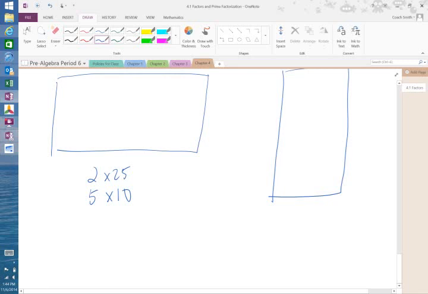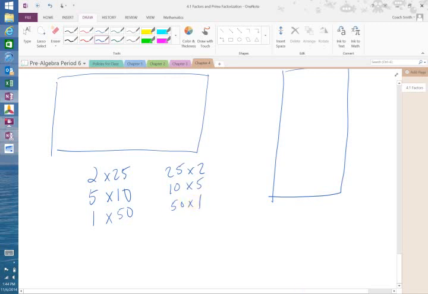So what's another way? 25 times 4. Yeah. 1 row of 50. That's it. Except you can go 25 by 2, you can go 10 by 5, and you can go 50 by 1.